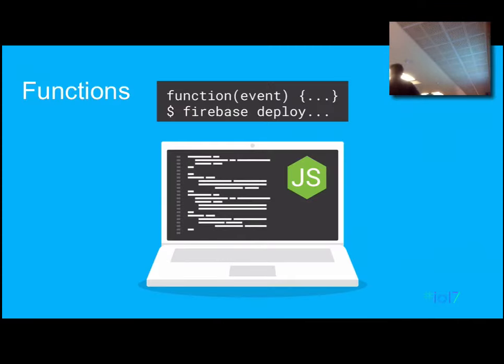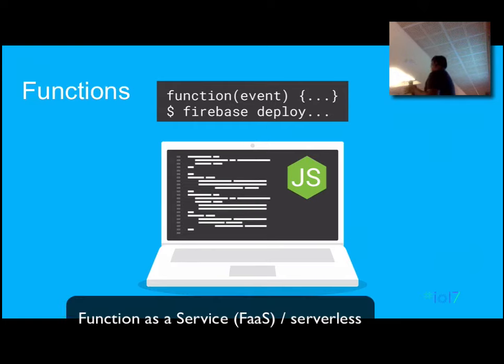Functions. This is one of the very cool features of Firebase. It lets you run a piece of server-side logic without having to worry about servers. Some people call it function as a service, some people call it serverless architecture. Serverless architecture doesn't mean there are no servers, right? In all the scenarios, of course there are servers. In Firebase also there are servers.